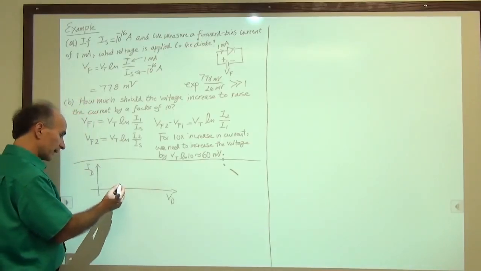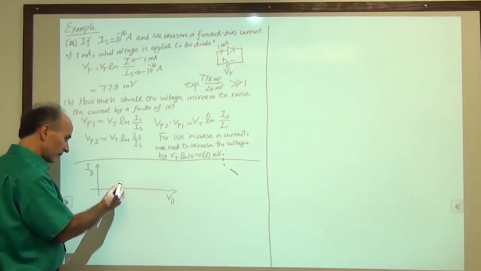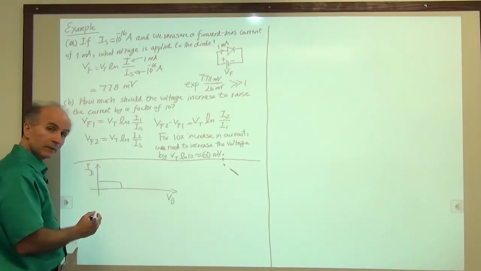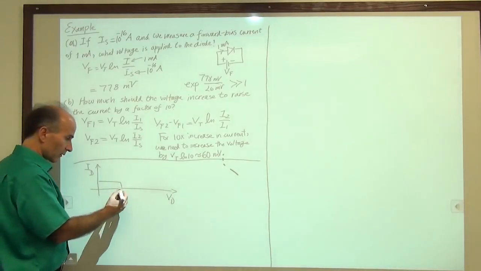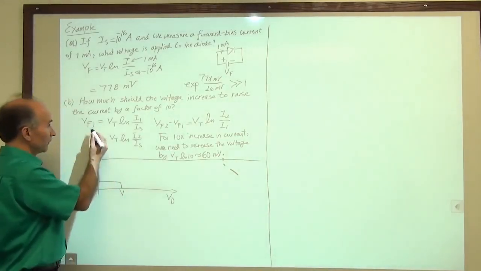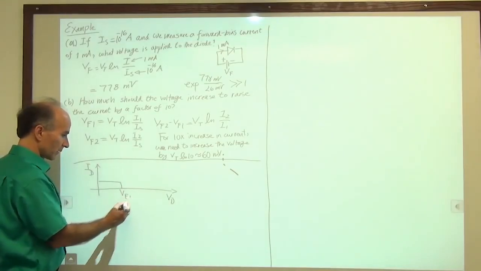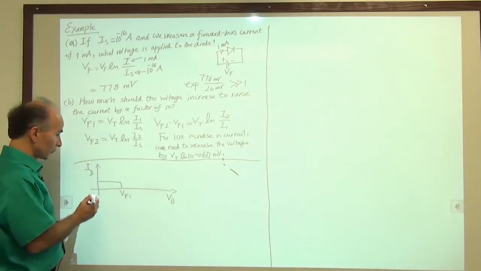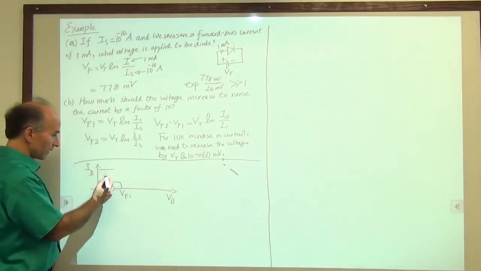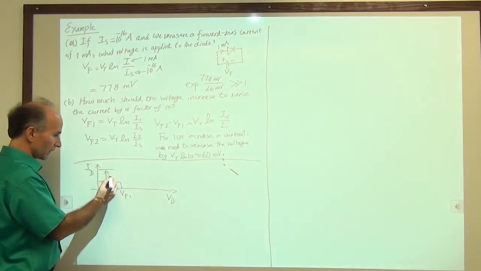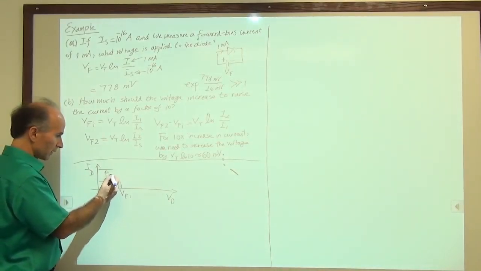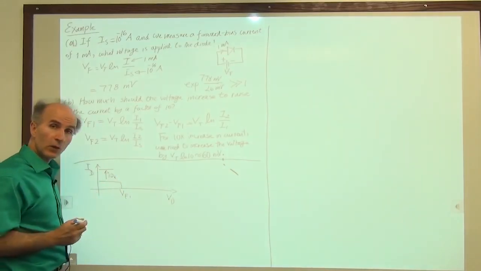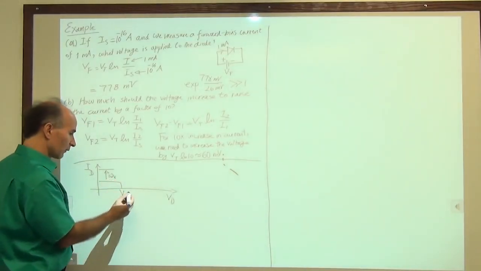Okay, so what we are saying is that if we are somewhere and we have a certain current, we have some voltage, so we call this, for example, VF1. Then to raise this current by a factor of 10, so 10x increase, requires only 60 millivolts of change.